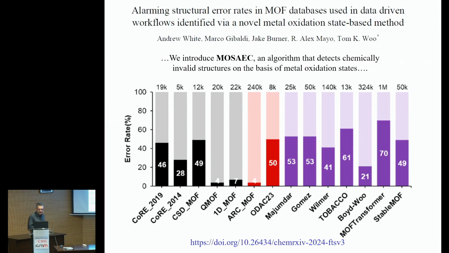As you can see in this paper that just appeared, not published yet, it's on ChemRxiv, from Tom Wu, who is working in this field, there are significant errors in all of the databases. And here, for example, in CoRE, where the MOFs are actually experimentally synthesized, you can see that 46% have problems. So it's very difficult to work with data that is not reliable.